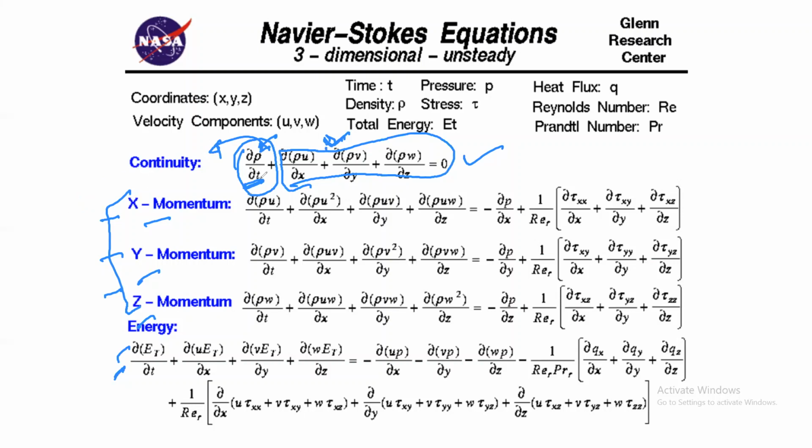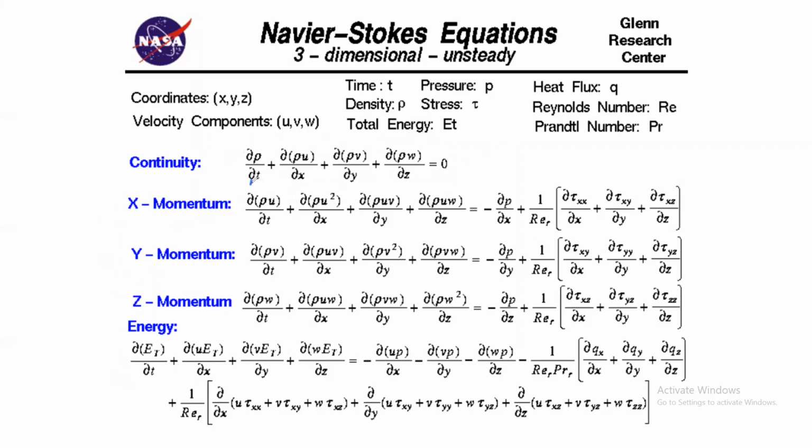For the time being, just understand there is one time derivative and one space derivative: one property changes with respect to time, and some property changes with respect to space. Similarly, momentum changes with respect to time and with respect to space.